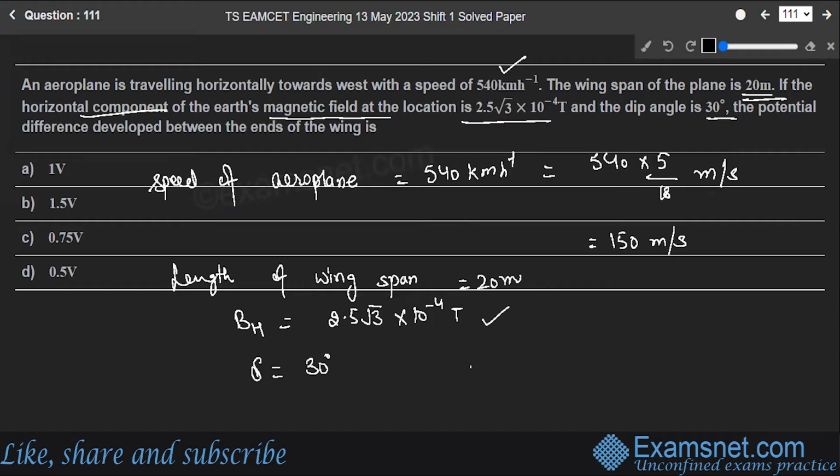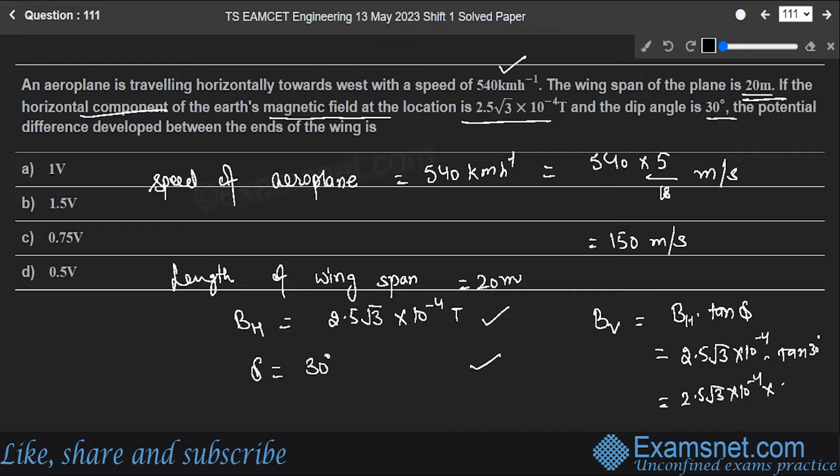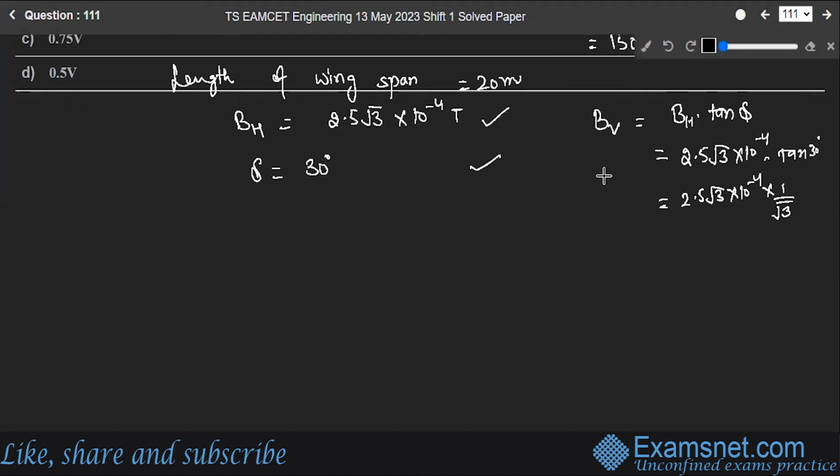If BH is this and dip angle is this, that means the vertical component of the Earth's magnetic field will be given by BH into tangent of the dip angle. So this is 2.5 root 3 into 10 power minus 4 into tangent of 30 degrees, which is 1 upon root 3. This will be 2.5 into 10 raised to power minus 4 T.